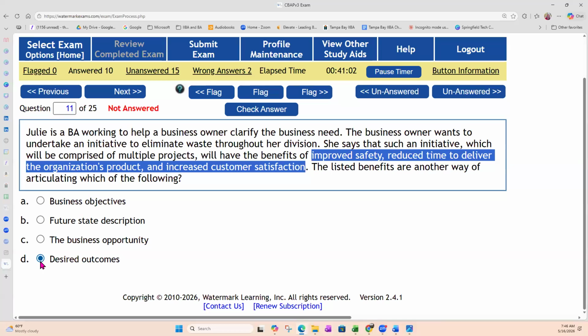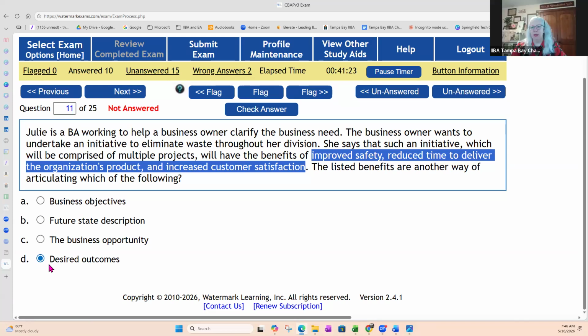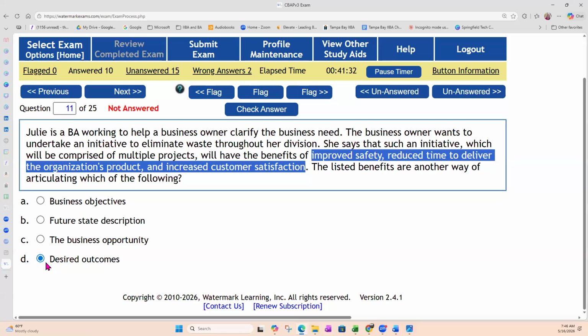I think I would go for D, because this is the business owner stating their expectations from the initiative, or what they look to achieve from the initiative. So you like D as well? Yes. Okay, D.